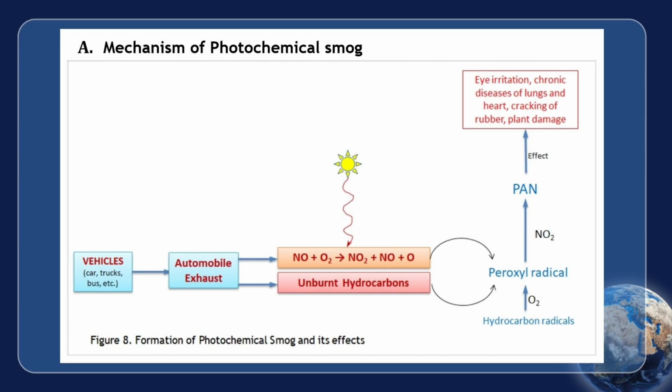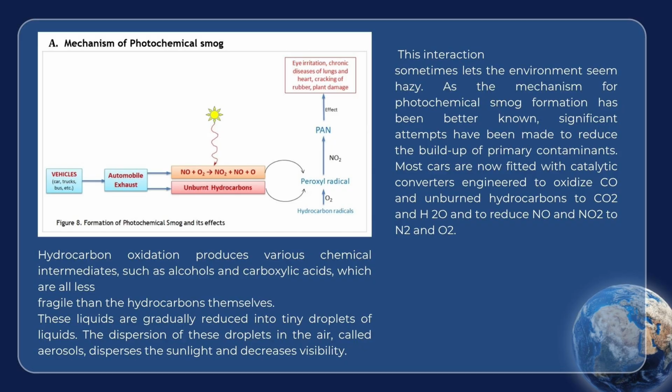Kaya nag-produce ang PAN or peroxyacetyl nitrate, which is may side effect siya sa atin. Kaya kapag mainit ang panahon or traffic, nakakaranas tayo ng eye irritation, chronic disease of lungs and heart, cracking of rubber, and plant damage. This interaction sometimes lets the environment seem hazy.